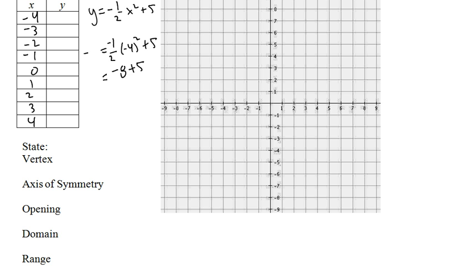So if I put in negative 3 for y, that'll make the equation true. And there's the rest of the values quickly to save time. So there's our vertex at 0, 5, like we knew was going to be there.